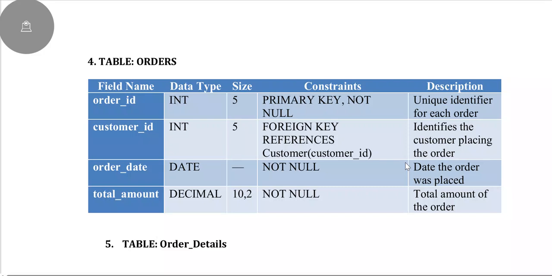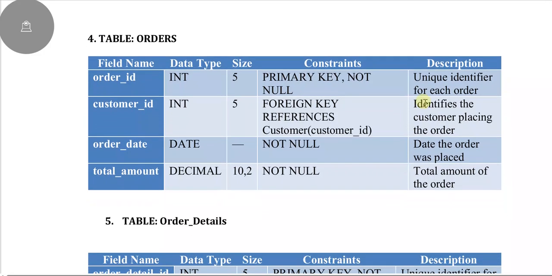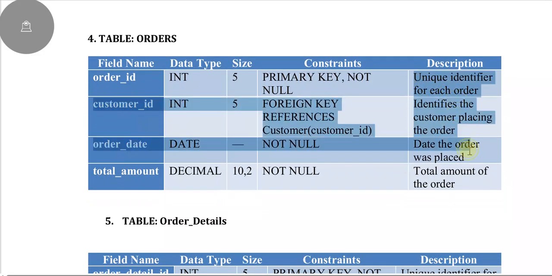And then you have the table called orders, which contains order ID, customer ID, order date, and total amount. Order ID is the primary key, customer ID is the foreign key from customer ID, and then order date and total amount. And this is the description, as you can see here.